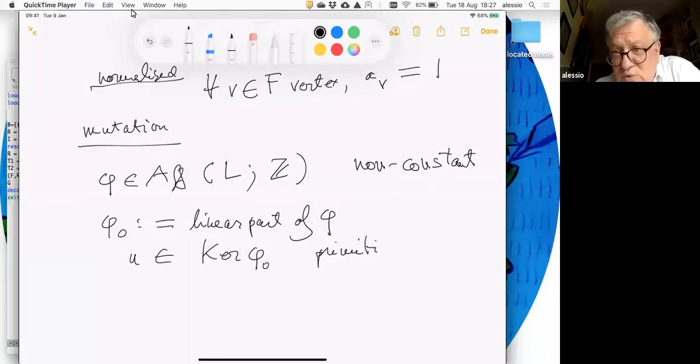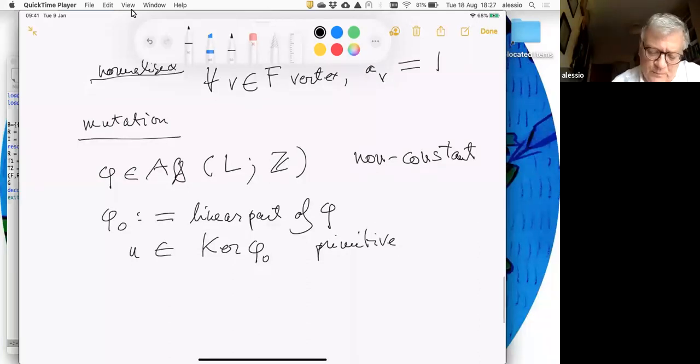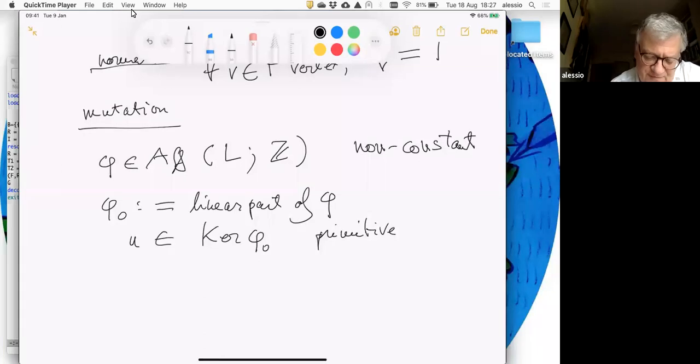Okay, there are two of these things. There's u and there's minus u, and please don't get bogged down in this. It totally doesn't matter. You choose one of them. And then I'm going to call h the Laurent polynomial 1 plus x to the u.